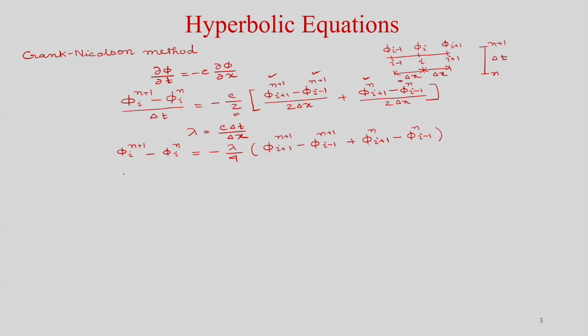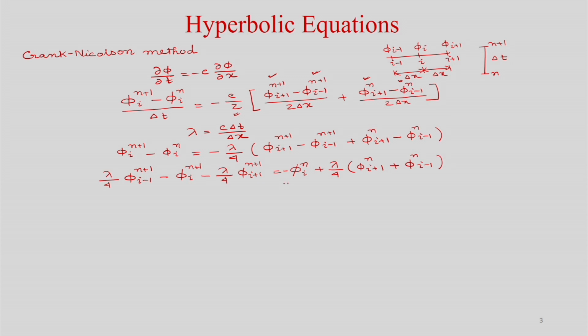Then if you rewrite it, you get lambda by 4 phi I minus 1 n plus 1 minus phi I n plus 1 minus lambda by 4 phi I plus 1 n plus 1, and in the right hand side all the dependent variables at time level n: phi I n plus lambda by 4 (phi I plus 1 n plus phi I minus 1 n).